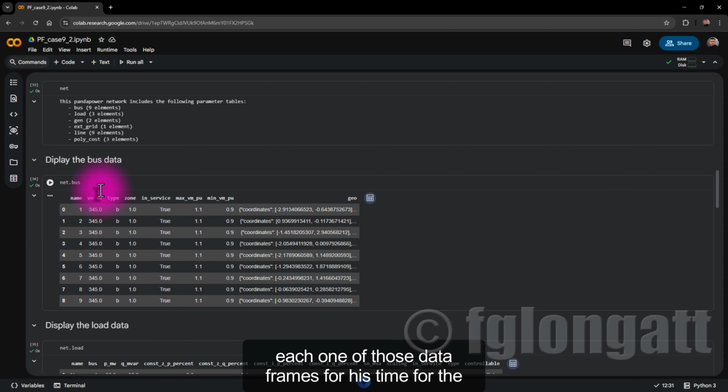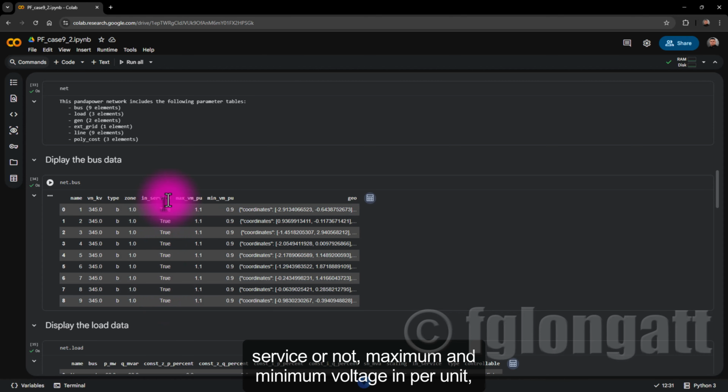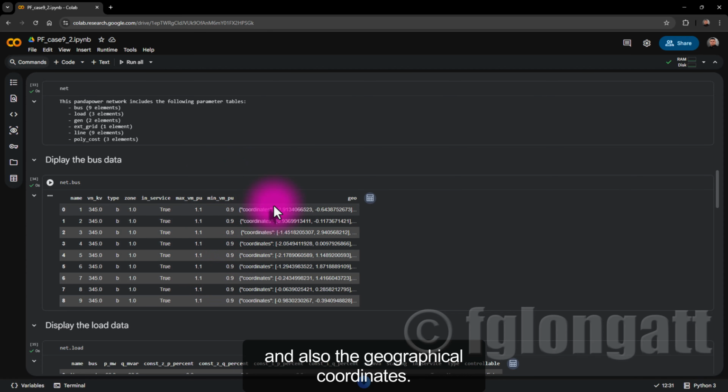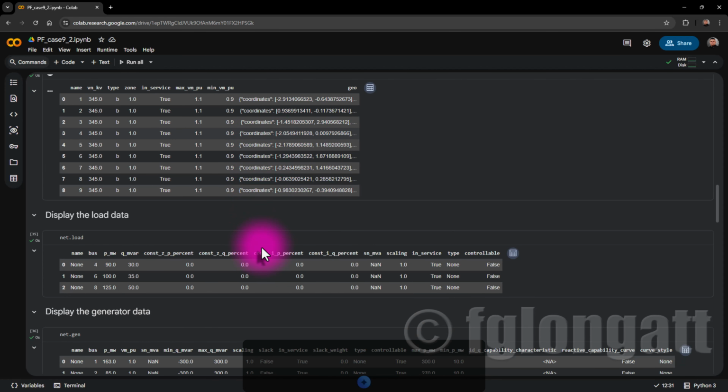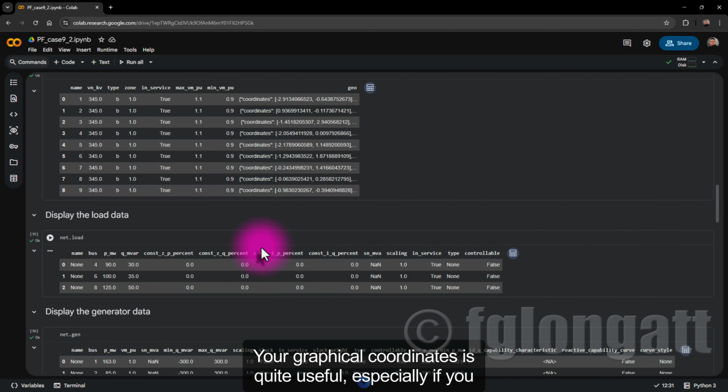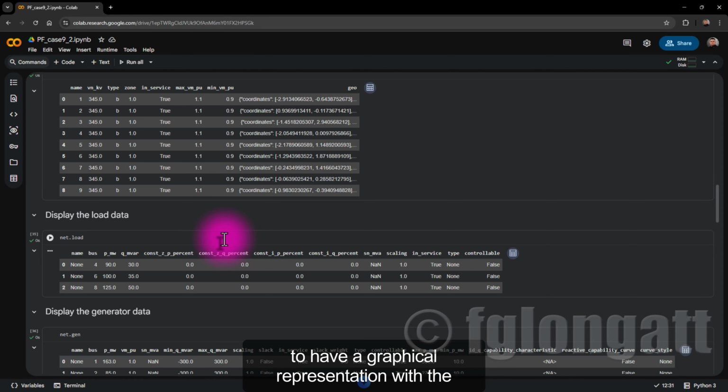For instance, for the bus bar, you can see that there is a column for the rated voltage and also one column for whether the system is in service or not, maximum and minimum voltage in per unit, and also the geographical coordinates. Geographical coordinates are quite useful, especially if you are running load flow for a distribution system. You want to have a graphical representation with the proper geographical location, so PandaPower allows you to do that.